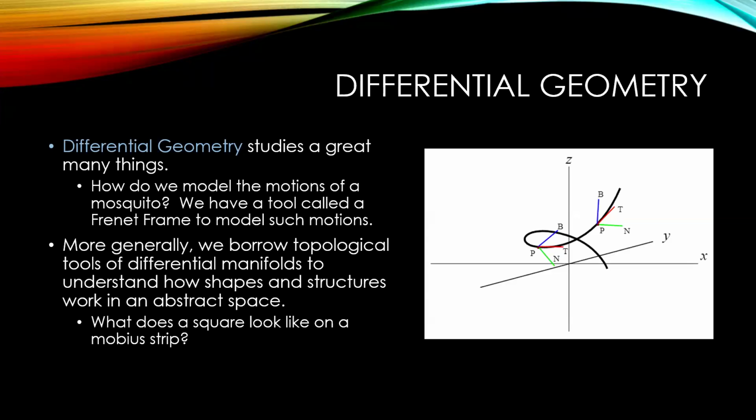Differential geometry, for the most part, explores what things look like in 3 and 4 and 5 dimensions when things aren't really working the way you'd expect. Like, what does a square look like on a Mobius strip? Well, we can kind of visualize that, but we might have to be a little weird in some places.